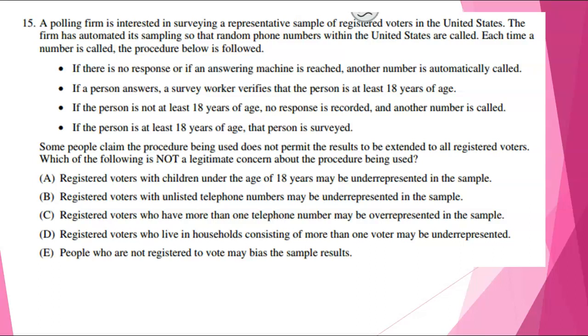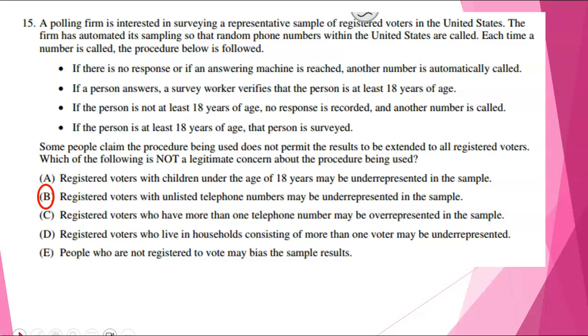They're just picking random numbers. So in this case, this would not be a concern. And so that's actually going to be our answer. Our answer is going to be B. Right, now once again, if they did say they were pulling it out of the yellow pages, or if they were selecting listed numbers, then that would be a different situation.